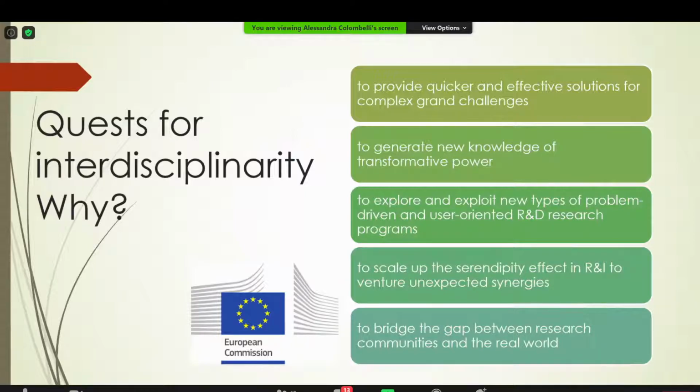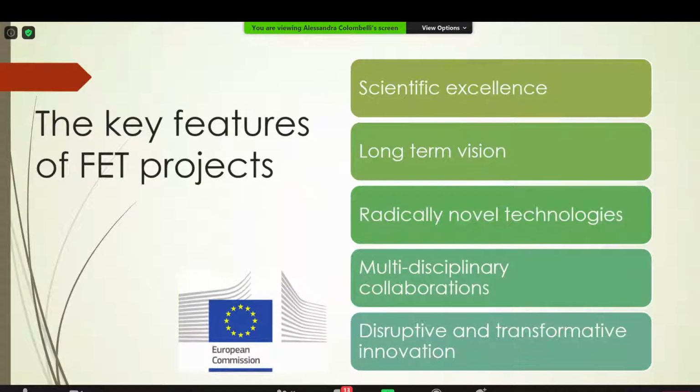And finally, policymakers also believe that it is important to bridge the gap between the research community and the real world. So if we want the research to have a high impact on the real world, interdisciplinarity is considered very important.